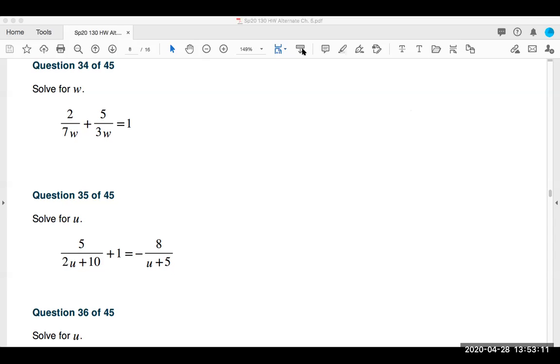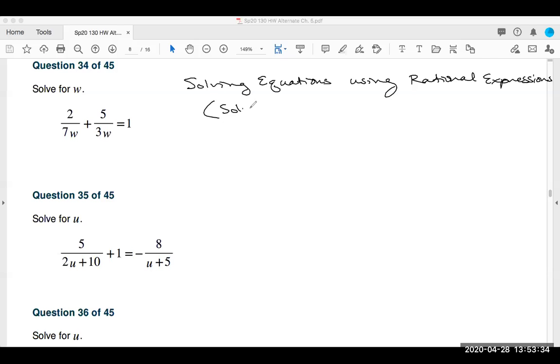So now we get to solving equations using rational expressions. We're just solving rational equations.